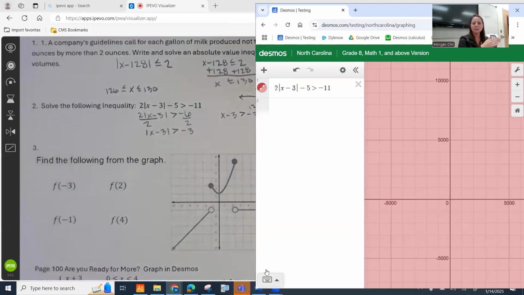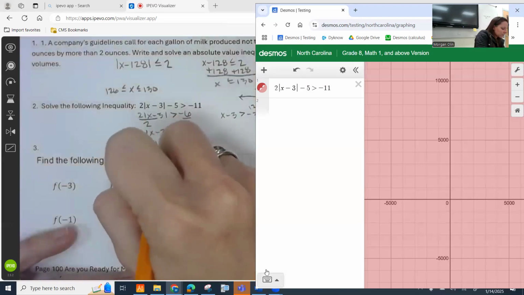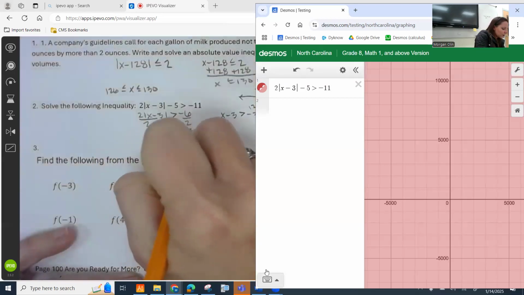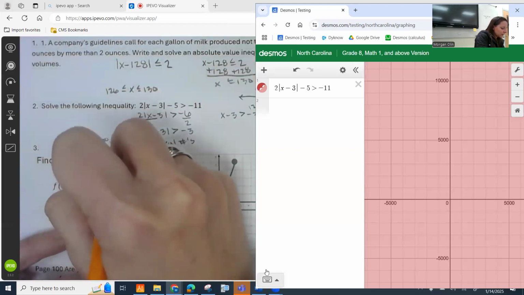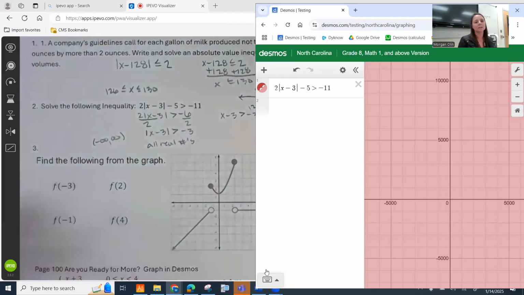Do you see how everything's colored? So do you remember what it is? It's all real numbers. We can also say negative infinity to infinity, because everything is going to work. Every x value is going to work for this. So that's solving absolute value inequalities.